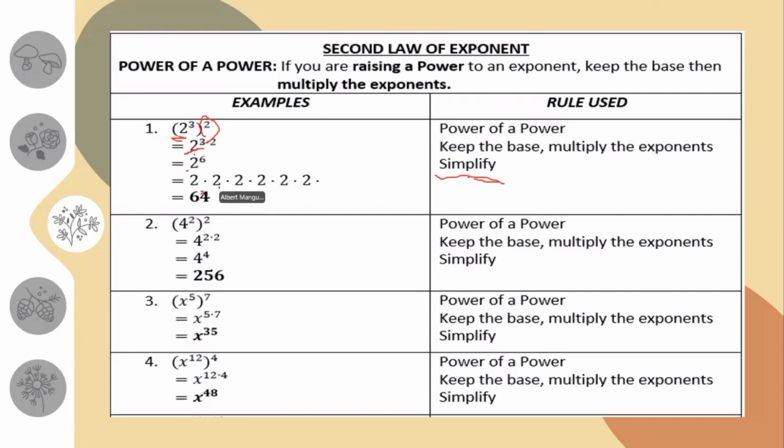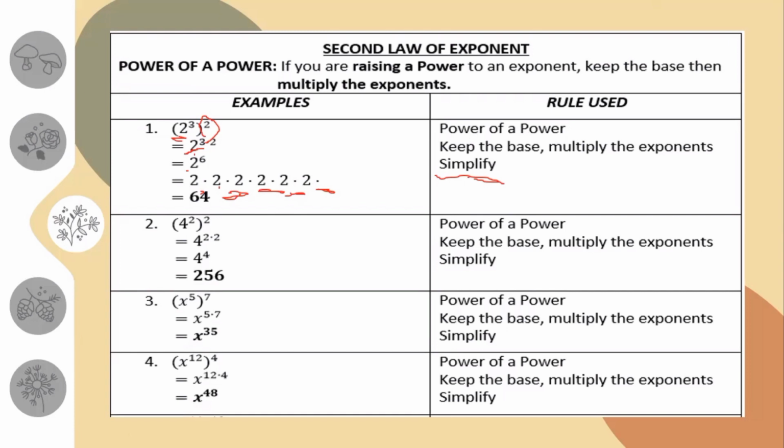Ayan po. Times 2 times 2 times 2 times 2. So ilang 2 ang nakikita nyo? 6 na 2. Why? Because kung babalikan natin yung exponential expression, that the base 2 is being raised by 6. So, 6 na beses yung i-multiply yung 2 sa kanyang sarili.